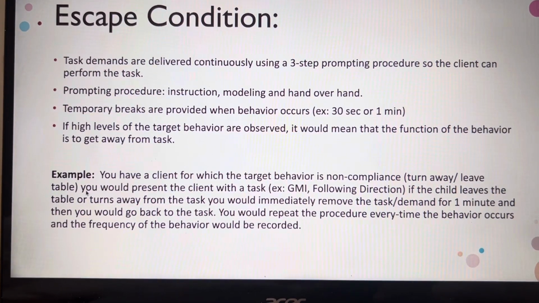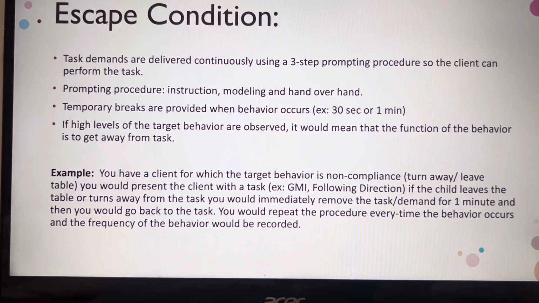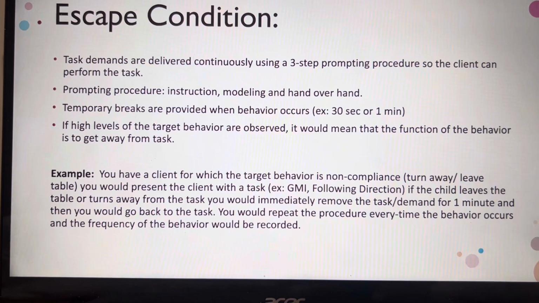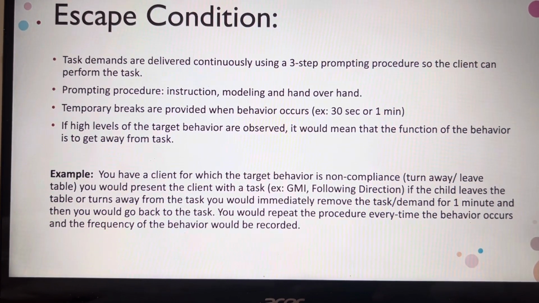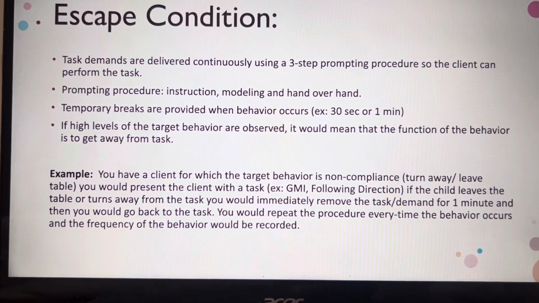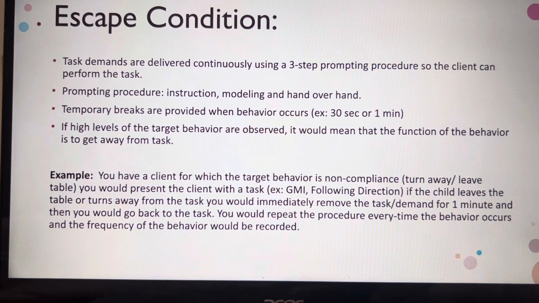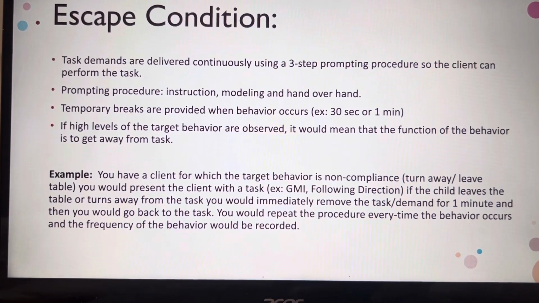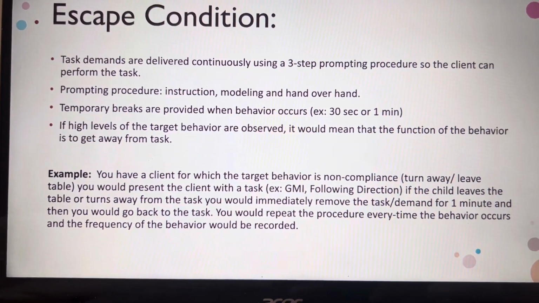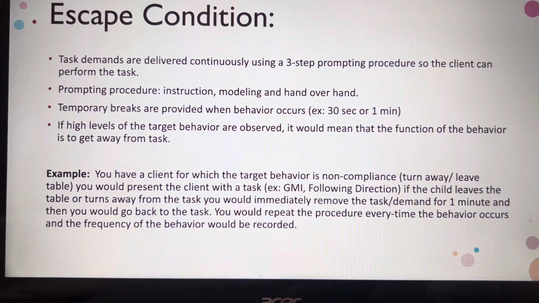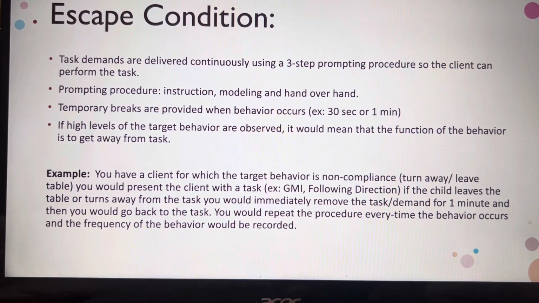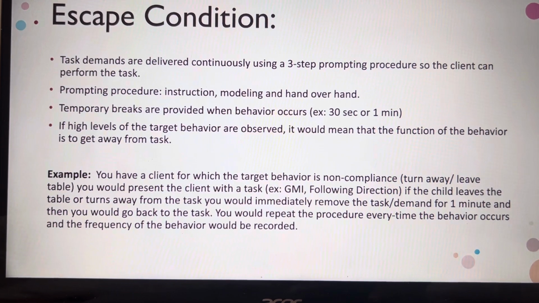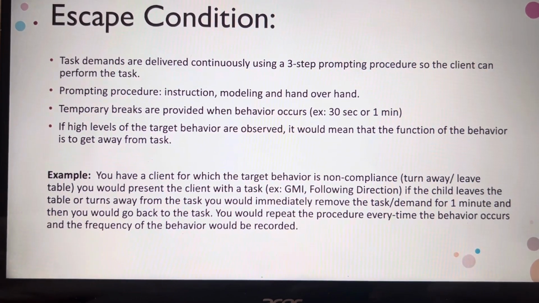In the escape condition, task demands are delivered continuously in a 3-step prompt procedure so that the client can perform the task. The prompting procedure includes instruction, modeling, and hand over hand. Temporary breaks are provided. If high levels of the behavior occur, it will mean that the behavior is being maintained by escape, by getting away from the task.